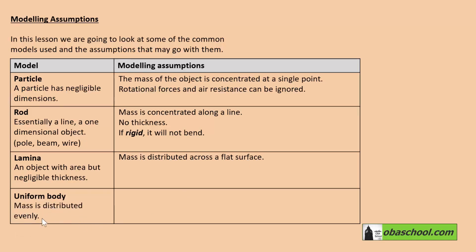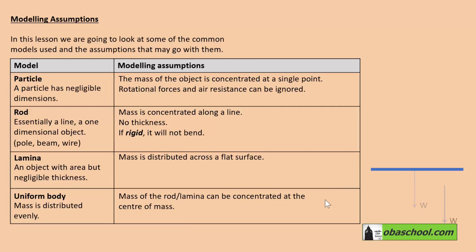The mass is distributed evenly on a uniform body. So, if we have a uniform rod like this one here, the mass of the rod, or it might be a laminar, it might go off in 2 dimensions, can be concentrated at the centre of mass. If it's non-uniform, that centre of mass might not be in the centre.